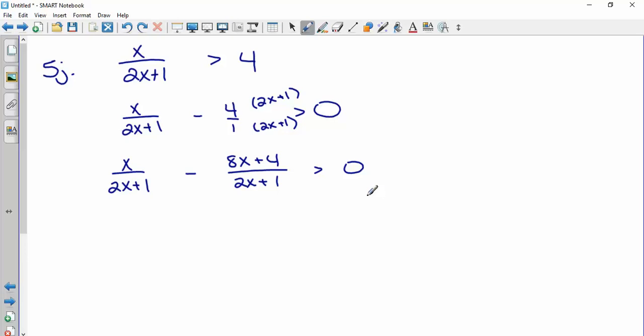What do we need to do with this negative? So x plus -8x is -7x minus 4 over 2x plus 1 greater than 0.